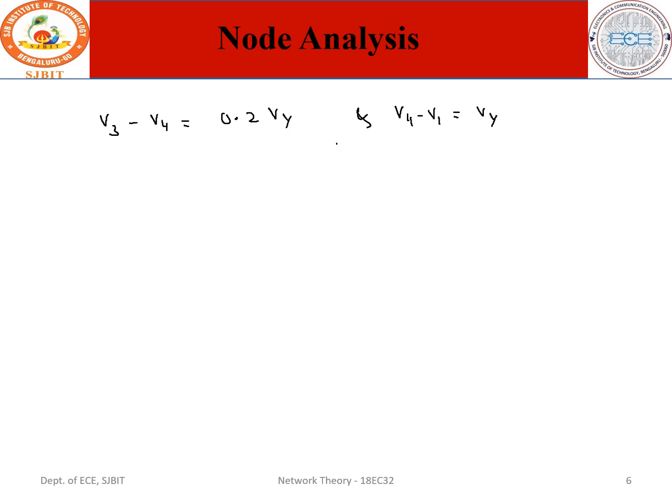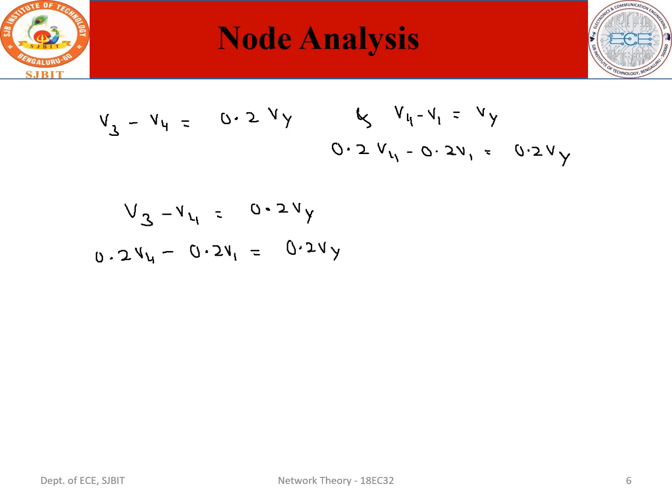To simplify this, you multiply with 0.2: 0.2 V4 minus 0.2 V1 is equal to 0.2 Vy.